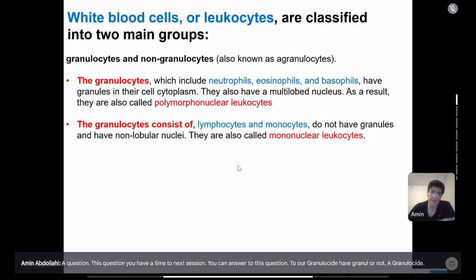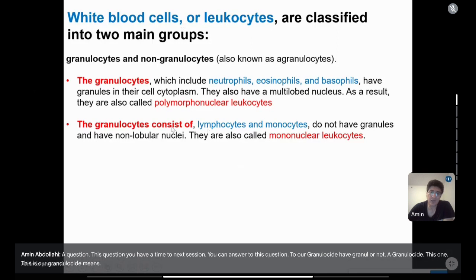Agranulocyte means lymphocyte and monocyte, non-lobular nuclei, and mononuclear leukocyte. Another name of agranulocyte or non-granulocyte is mononuclear leukocyte.